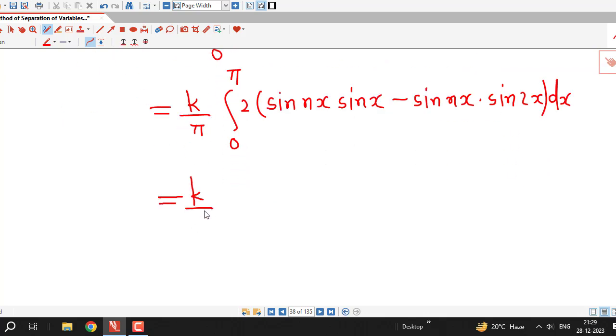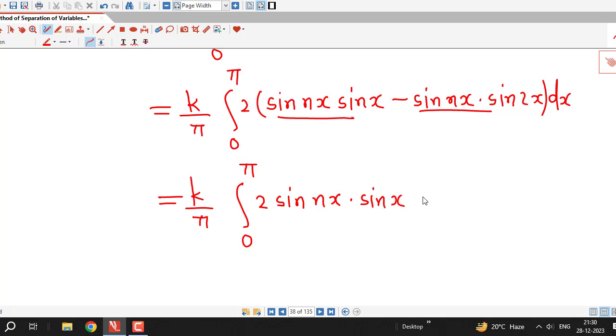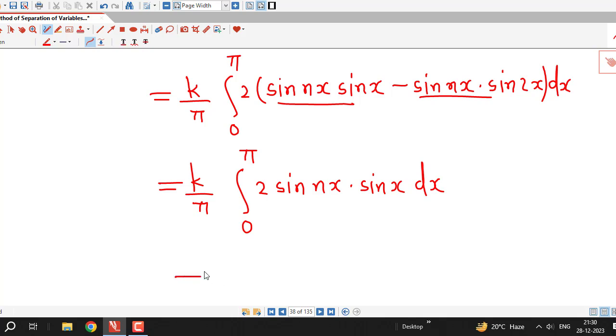This is equal to k divided by π, and this I can again rewrite as integral from 0 to π. 2 is multiplied with both of these two terms, that is 2 sin nx into sin x integral with respect to x, and I am separating.